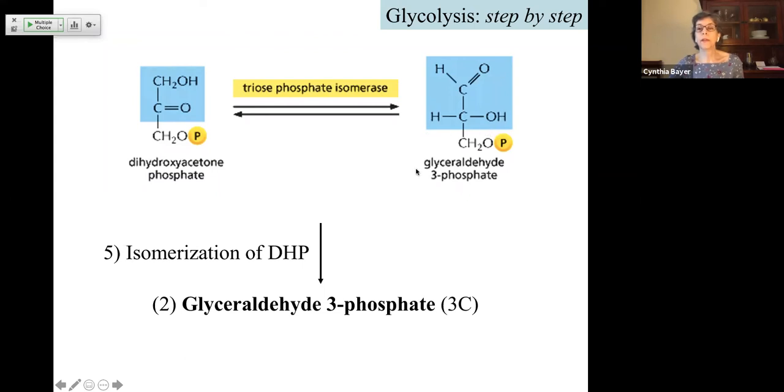But what we're going to see is that glyceraldehyde 3-phosphate is the substrate for the next step. And so as long as glyceraldehyde 3-phosphate continuously is converted to the next step of glycolysis, then dihydroxyacetone phosphate is continuously converted to another molecule of glyceraldehyde. And so what we end up with is, for every molecule of glucose, 2 glyceraldehyde 3-phosphates.